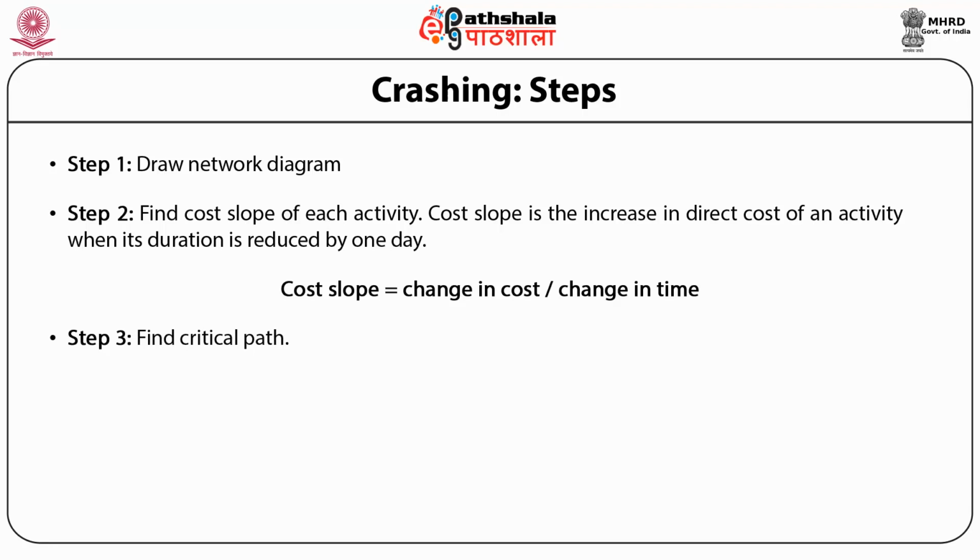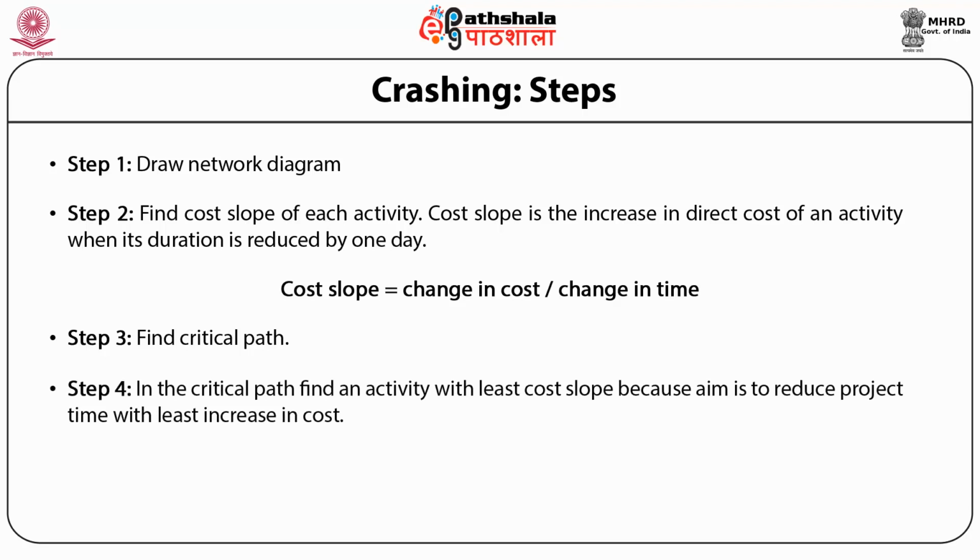Find critical path. As discussed, critical path is found by calculating EST, EFT, LST and LFT. By definition, critical path is the longest path in the network diagram. In the example shown under, critical path is estimated by finding the longest path in the diagram.